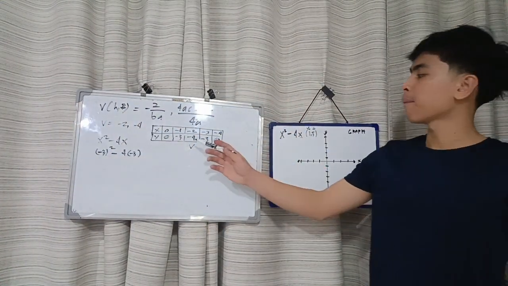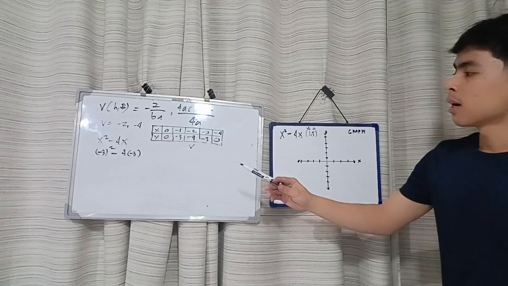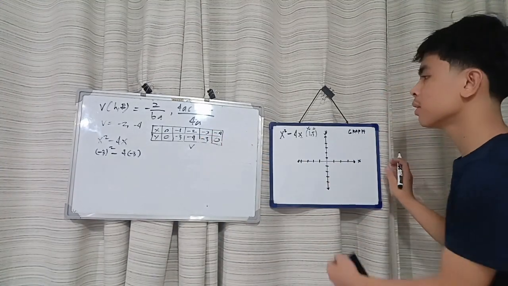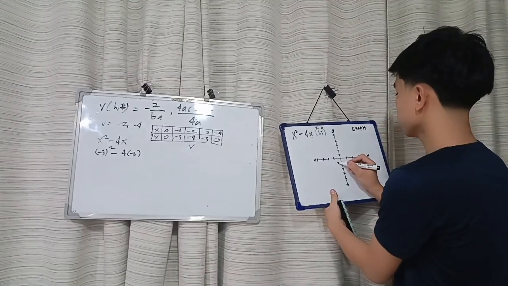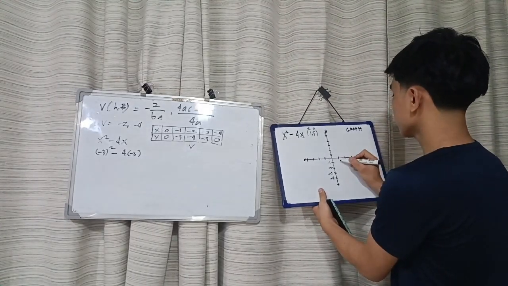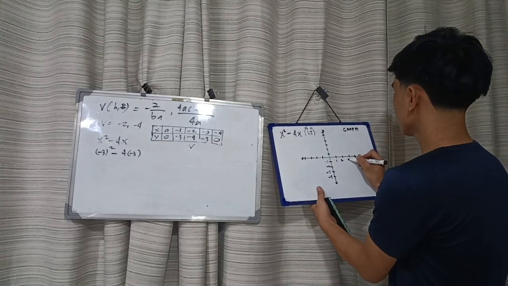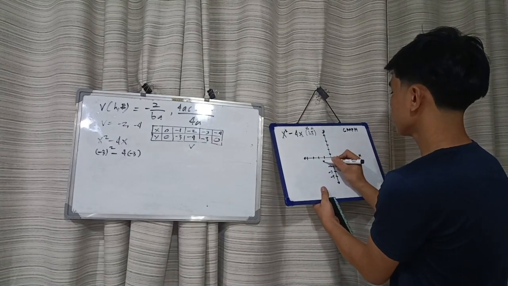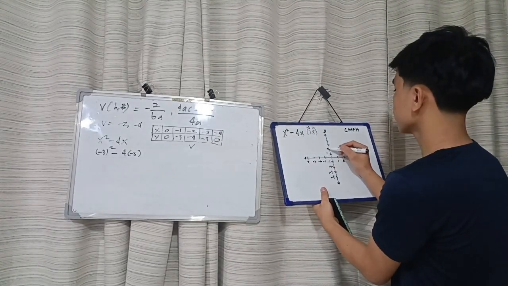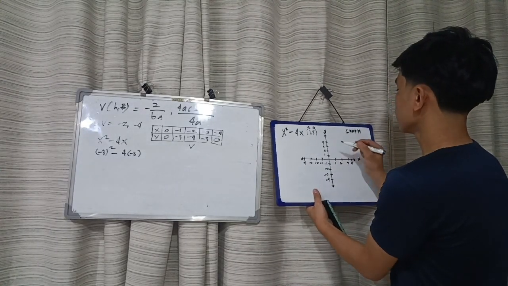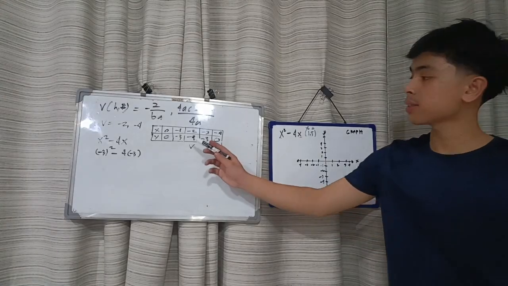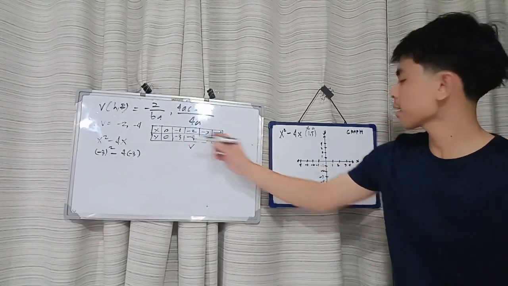Since our vertex is negative 2 and negative 4, we mark negative 1, negative 2, negative 3, negative 4, and 1, 2, 3, 4 on the axes.